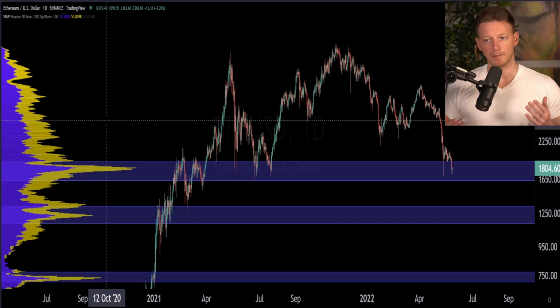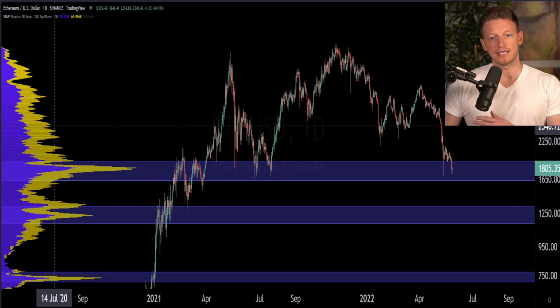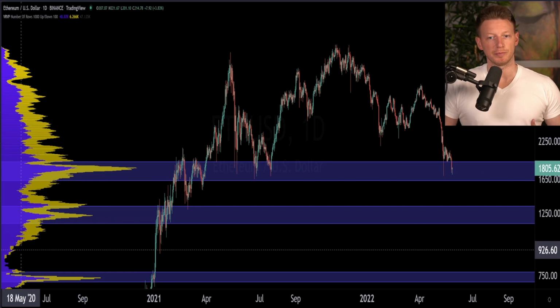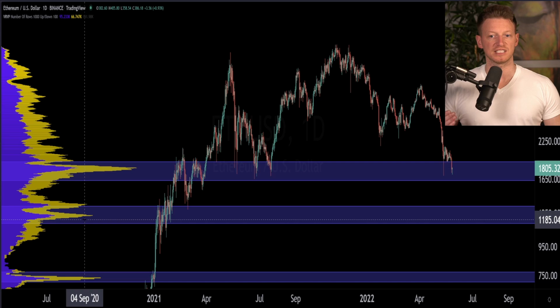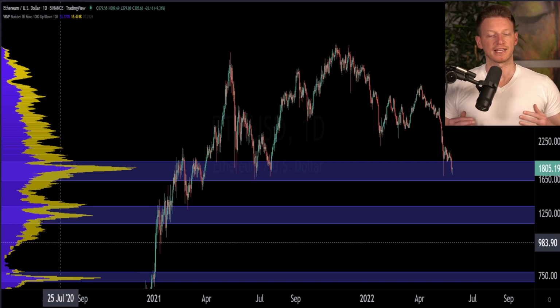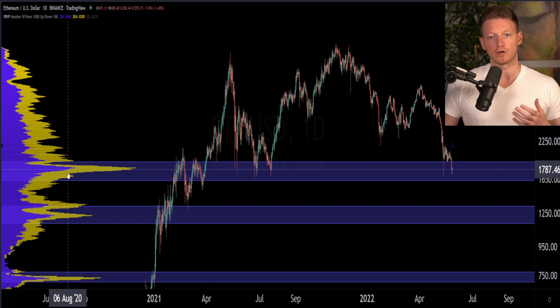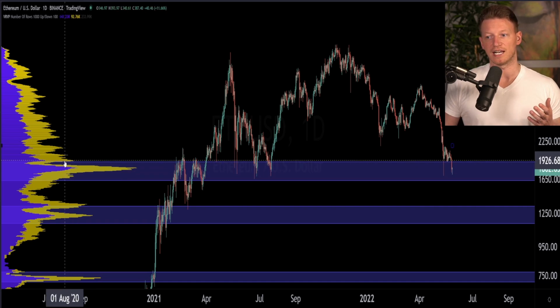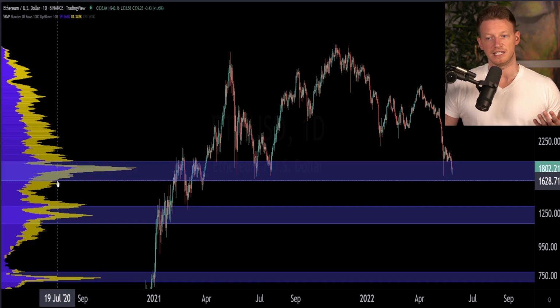All right, so when we come over to this market cycle, now you'll notice that the distribution of the volume throughout this market cycle is fairly even, fairly uniform, but there are a few areas which demonstrate significantly higher volume. Ultimately those areas are going to form right here from around $1,900 down to $1,650.